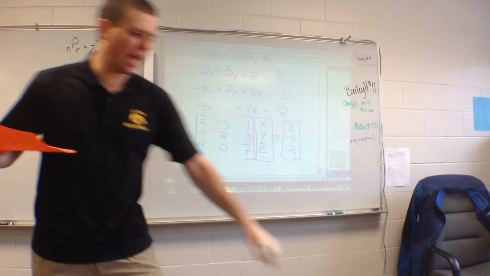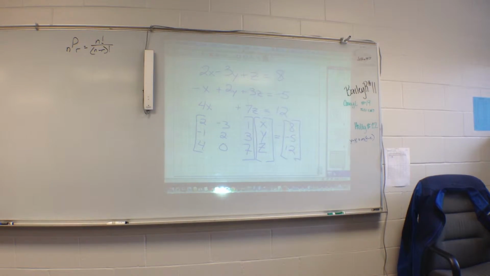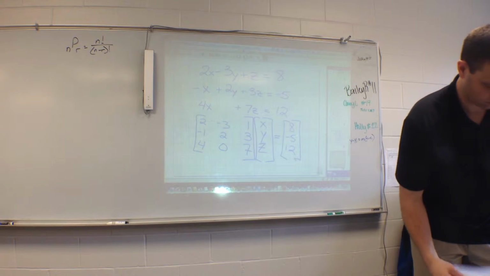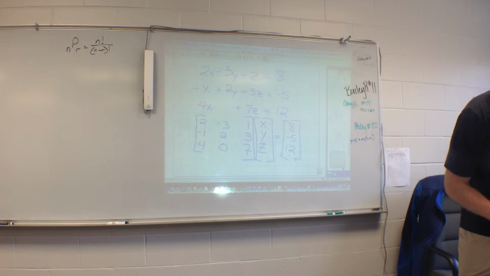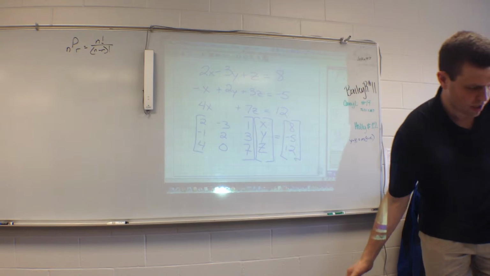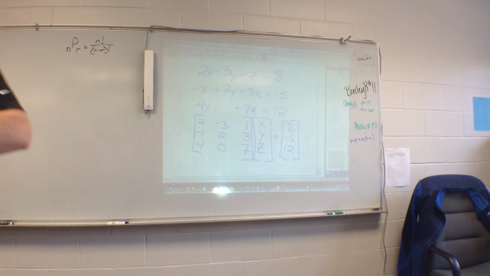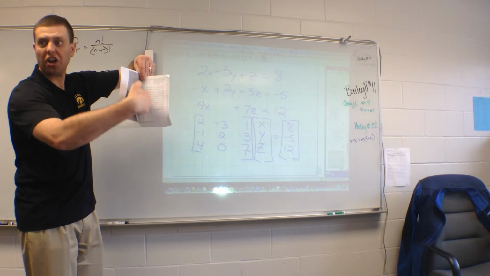Okay? And if all I have is two planes, there'd be no way to figure out one solution, because if two planes intersect, they do so at an infinite number of coordinates on a line.